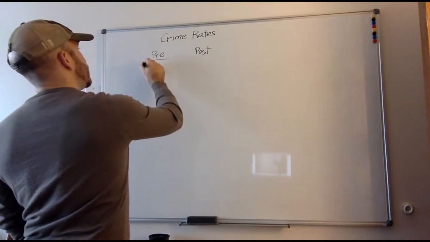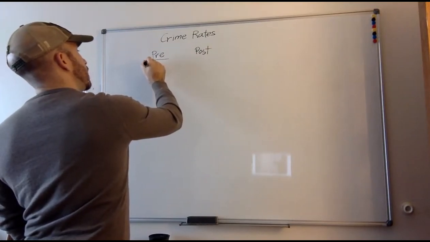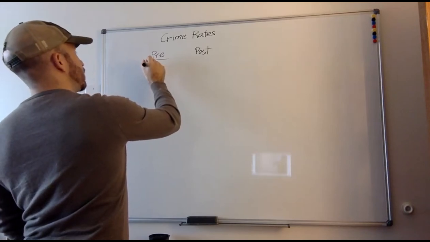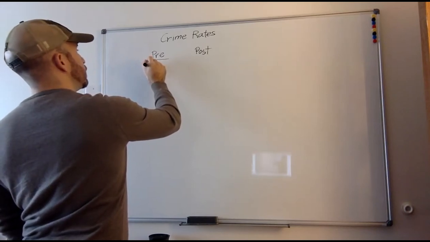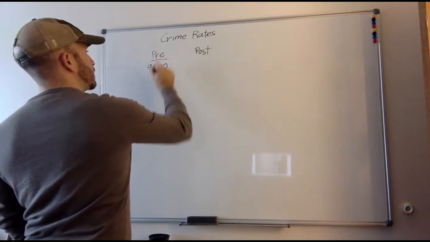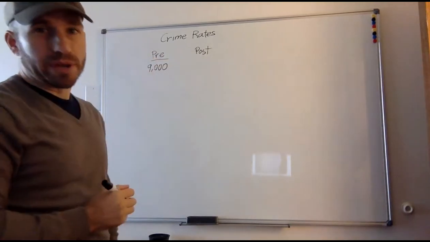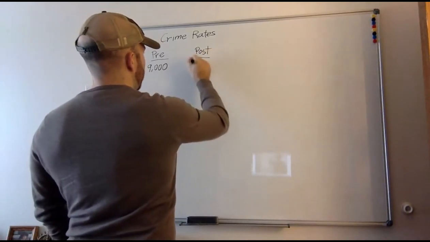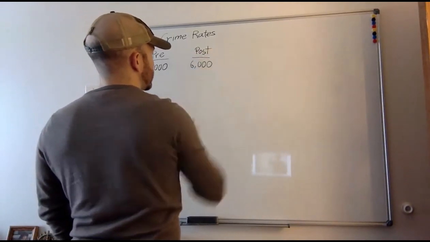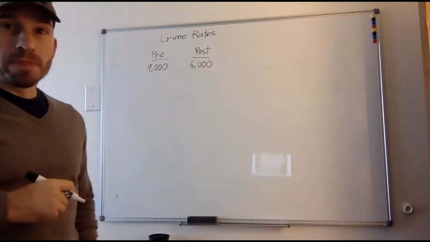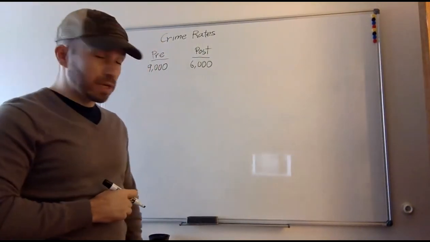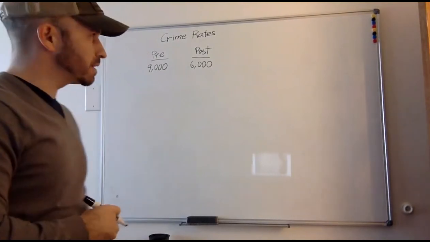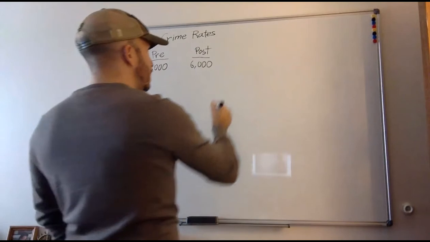And what I know is that the average crime rate across 1990 through the end of 1993 was 9,000 crimes per 100,000 citizens. And post, it was 6,000 crimes per 100,000 citizens. These are roughly accurate with historical data, right?